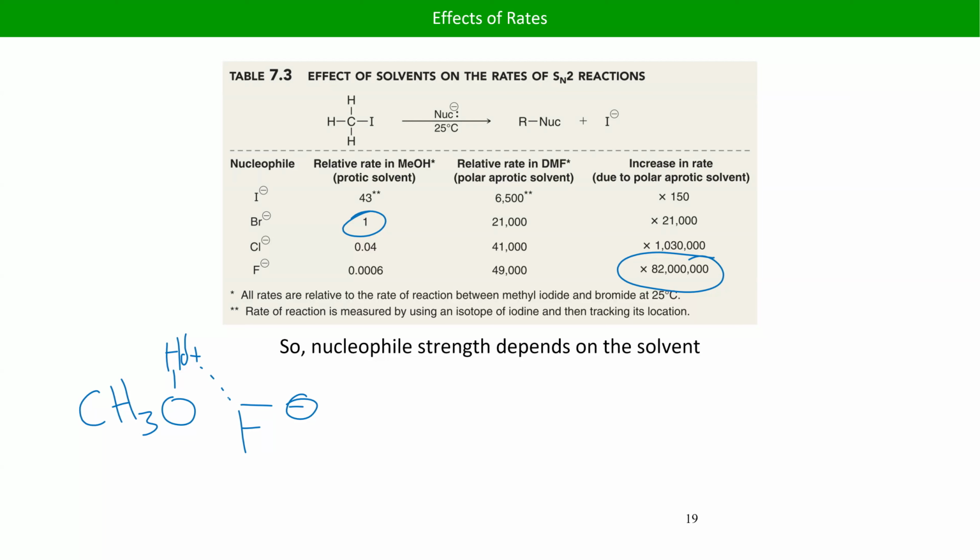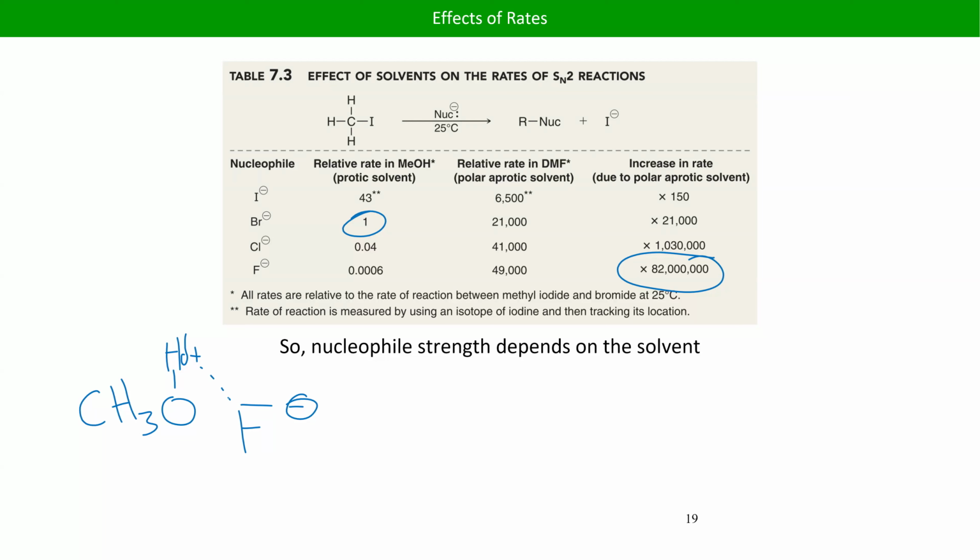Because fluoride is roughly the same size as an oxygen, we see the most stabilization from these protic solvents. Iodide is just not stabilized that much in the same way. It is stabilized by a protic solvent, but not nearly as much because it's so much bigger.